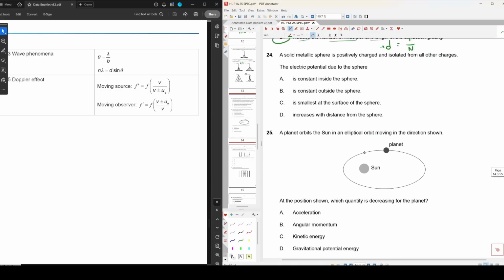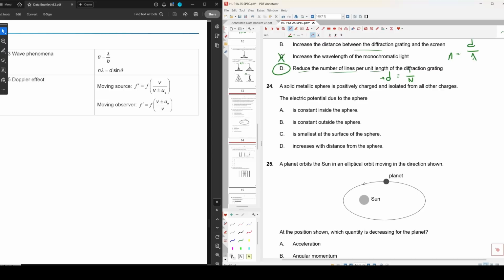Okay, I don't like that problem. That's stupid. Okay, 24. A solid metallic sphere is positively charged and isolated from all other charges. What's the electric potential due to the sphere? This is one where you just got to know. It's going to be A. Inside of a sphere, the electric field is 0 everywhere.